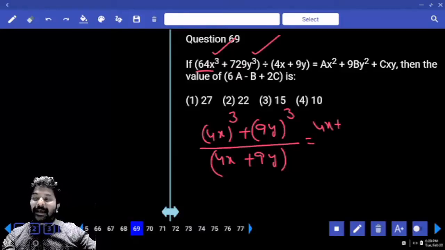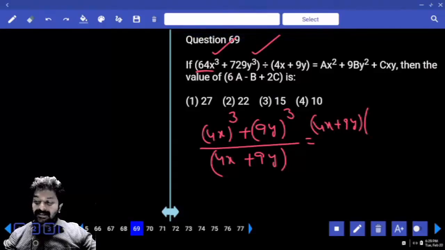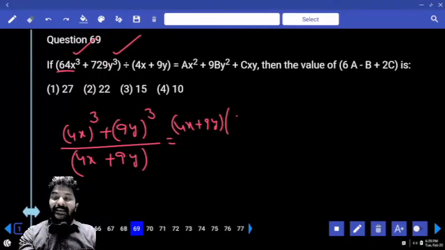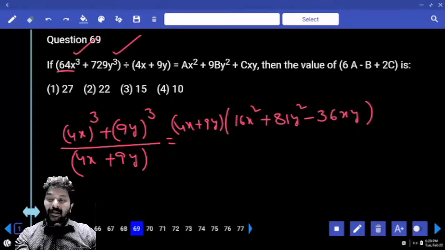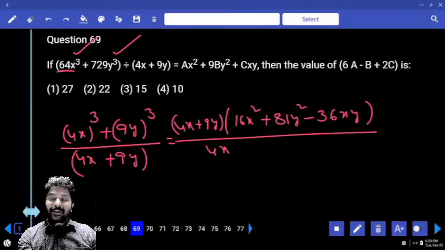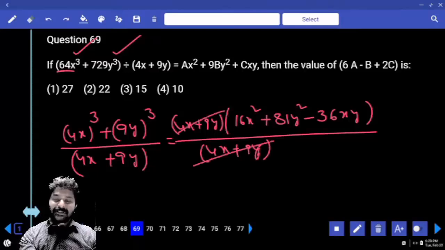A plus b into a square plus b square minus ab. And also in the denominator we already have 4x plus 9y. So the numerator's 4x plus 9y and the denominator's value both get cancelled.